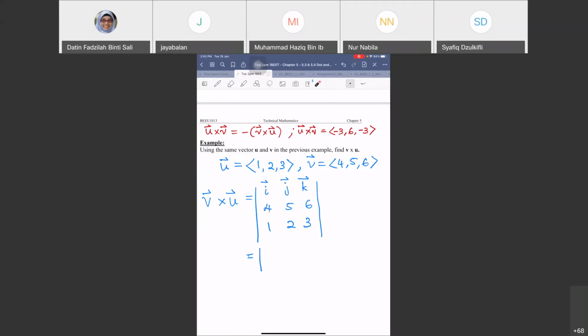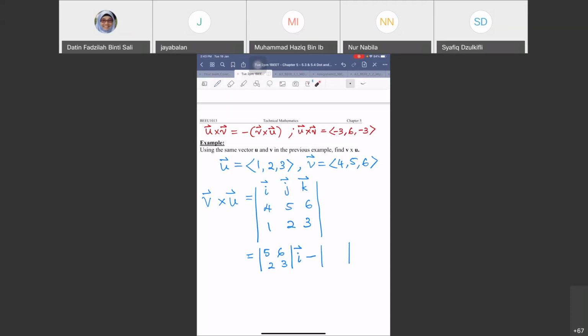So you have your 5, 6, 2, 3. This is for the I vector, followed by minus. Then cover your J column.